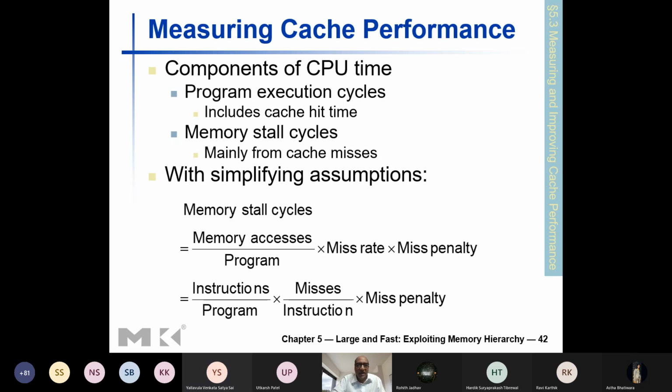So the memory accesses per program is nothing but instructions per program, and the miss rate is nothing but misses per instruction. That means for every instruction, whether it is a hit or miss, you can compute the miss rate as the number of misses per instruction, multiplied by the miss penalty. This way you can compute the memory stall cycles.